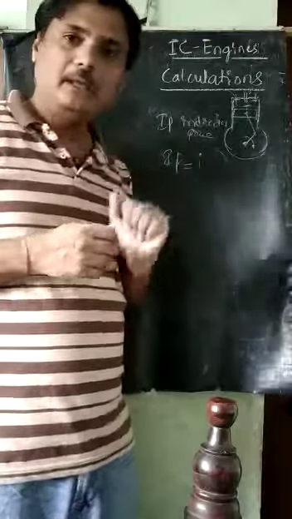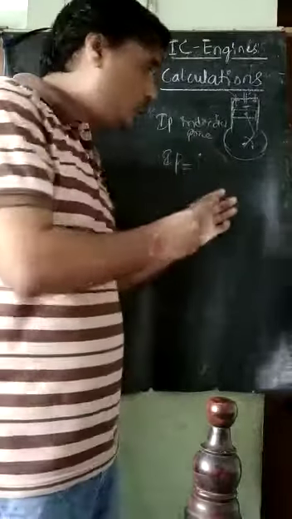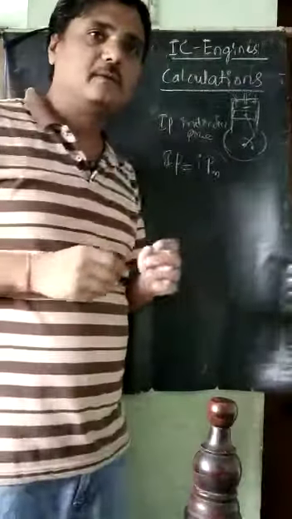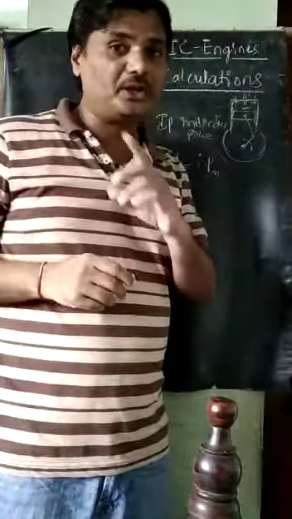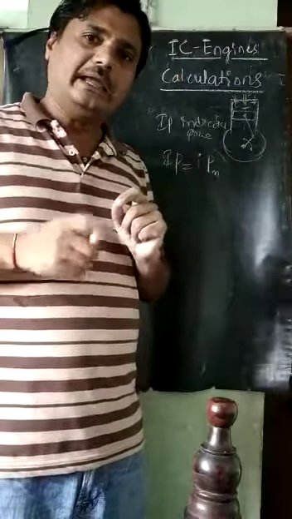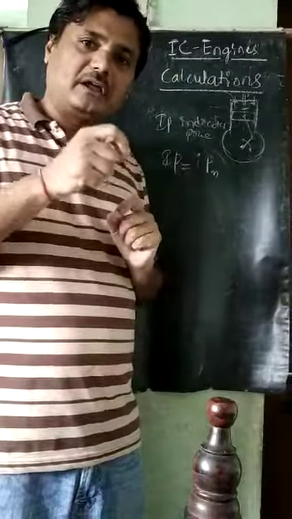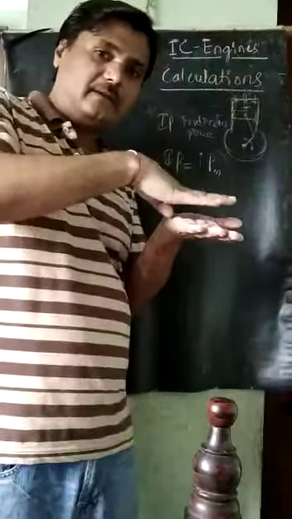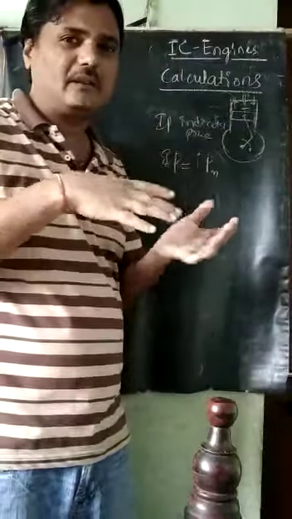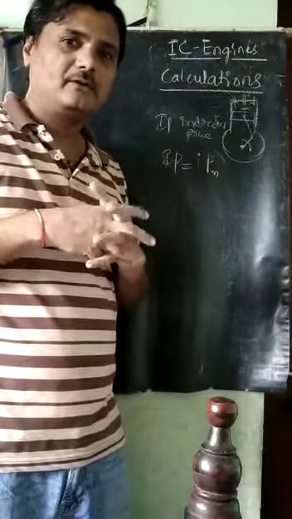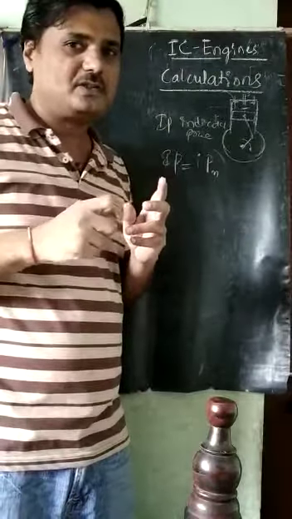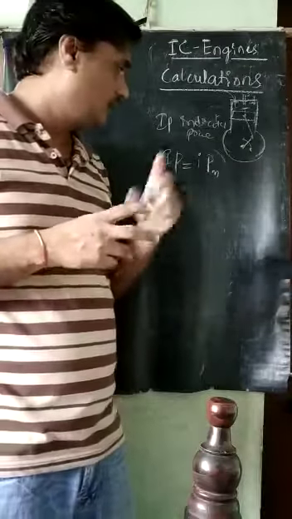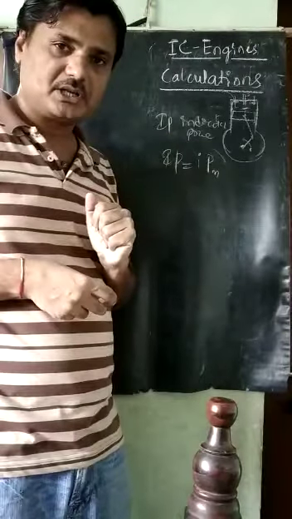So I is the number of cylinders, into PM. PM is the mean effective pressure. What is it? It is the pressure statistically applied on the surface of the piston. That is taken statistically, because we cannot measure it inside the engine, due to the very high temperature and continuous process there. Therefore it is called the mean effective pressure.